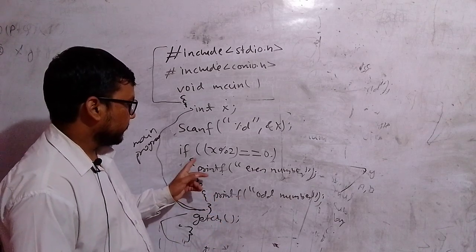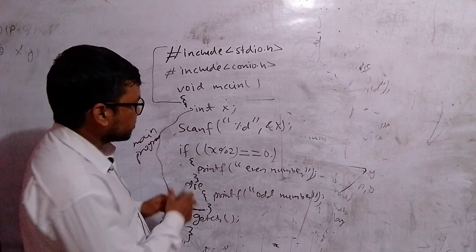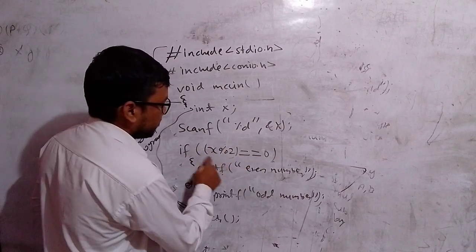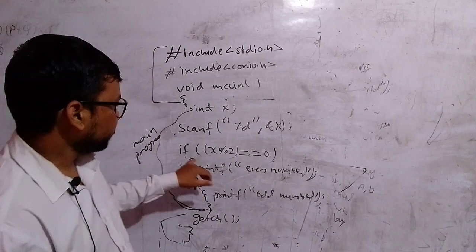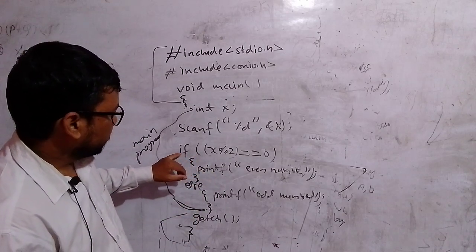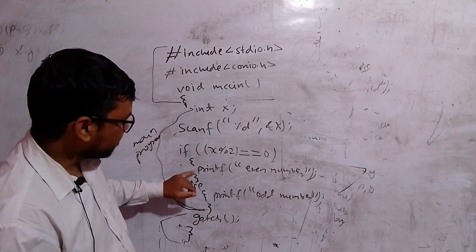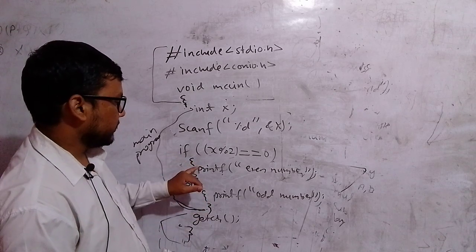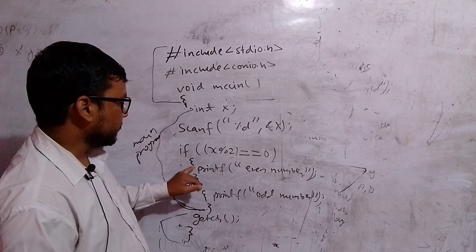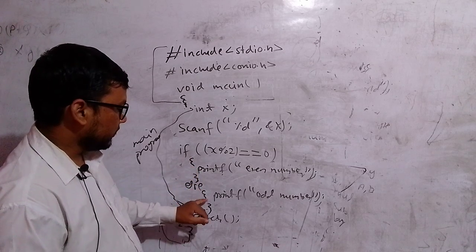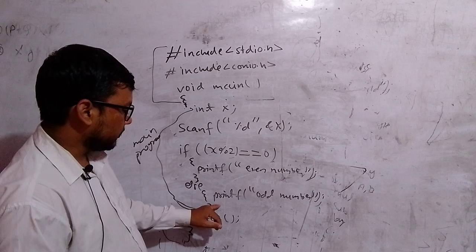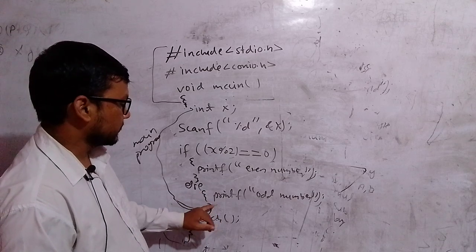Now if contains a condition, this is called the condition. In an if else statement, there are two statements: the if statement, which follows the if, and the else statement, which follows the else.